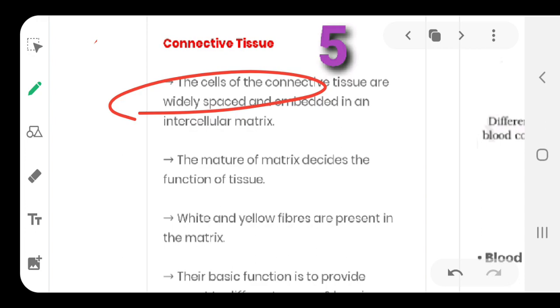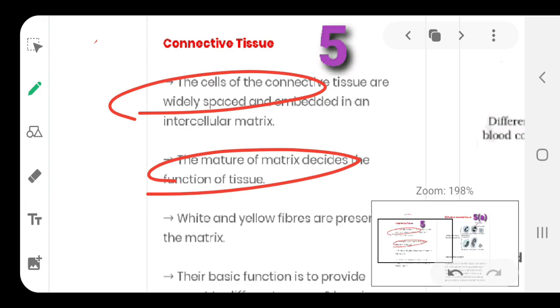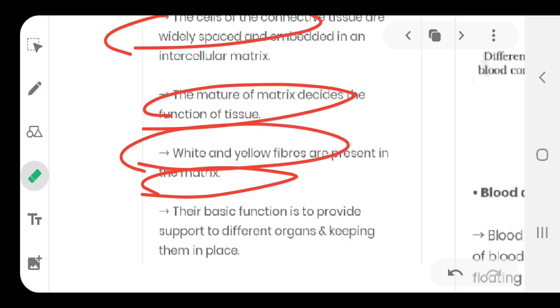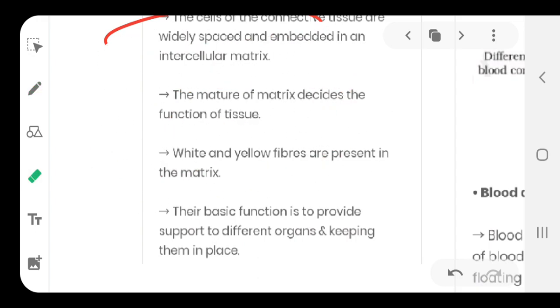This matrix means the free space in the cell. It depends upon what type of function they are going to perform. So depending upon the function, the matrix could be dense and hard, or soft. And then there are white and yellow fibers present in the matrix. So write down this one, the white and yellow fibers present in the matrix.